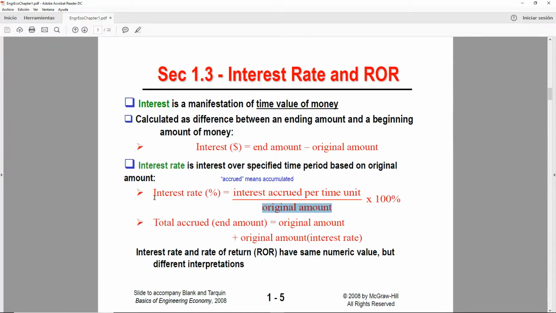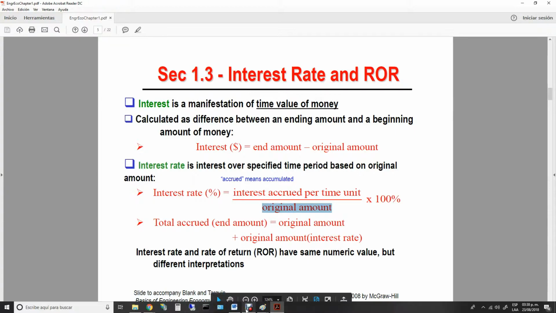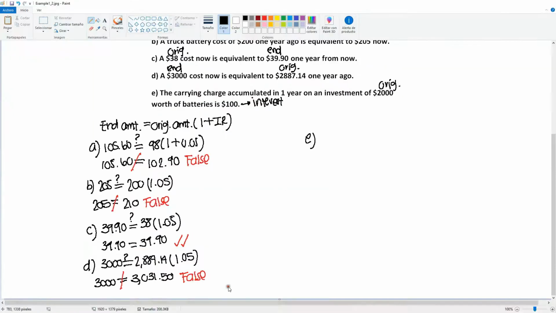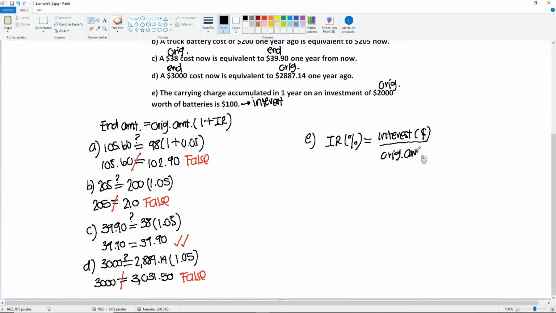So we will be using this formula from slide 1-5. And if we write it down here, I'm just going to put it as a reference: the interest rate, the percentage, is equal to the interest in terms of money divided by the original amount times 100.